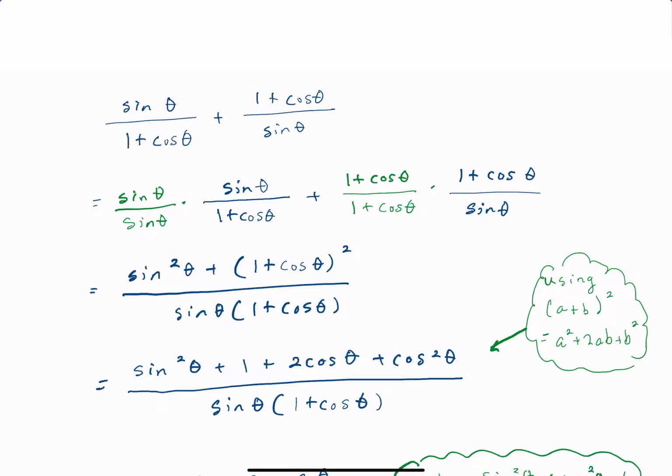So I multiply the first fraction by sine of theta over sine of theta, and then I have times sine of theta over 1 plus cosine of theta plus, and I'm going to multiply the second fraction by 1 plus cosine of theta over 1 plus cosine of theta, and then that's times 1 plus cosine of theta over the sine of theta.